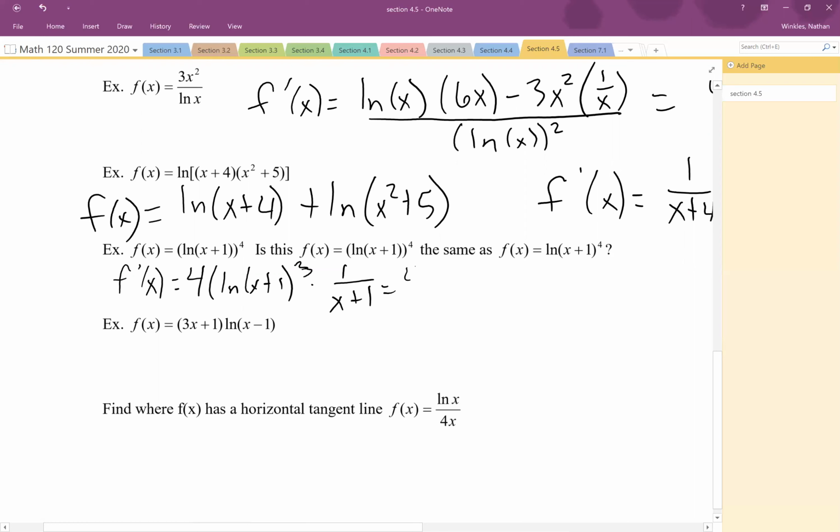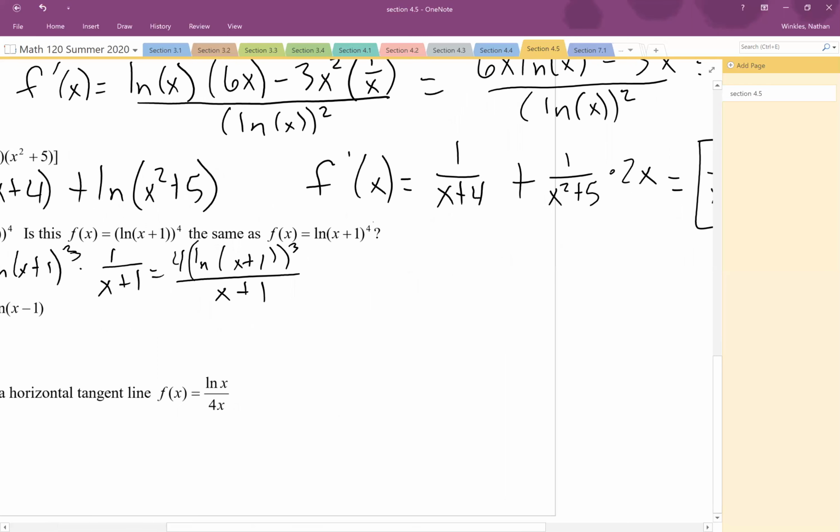So in other words, 4 ln x plus 1 raised to the 3rd over x plus 1. But the derivative here, well, first let's rewrite this as 4 ln x plus 1. So its derivative is 4 over x plus 1.